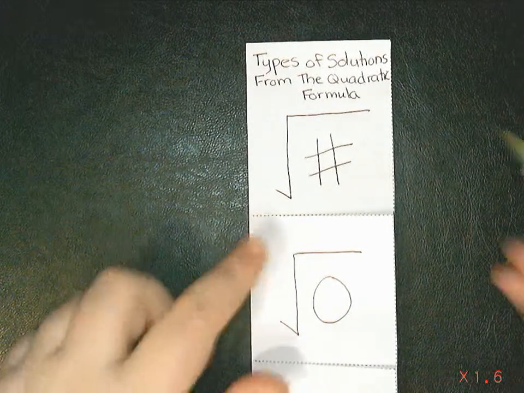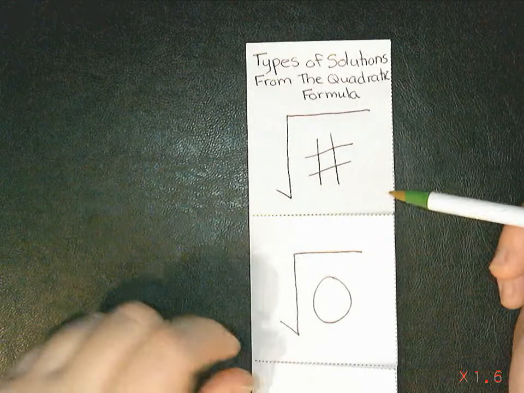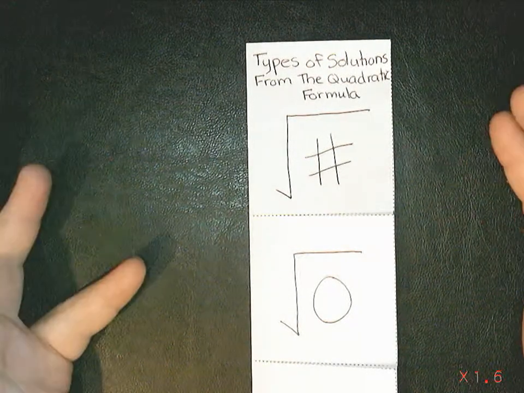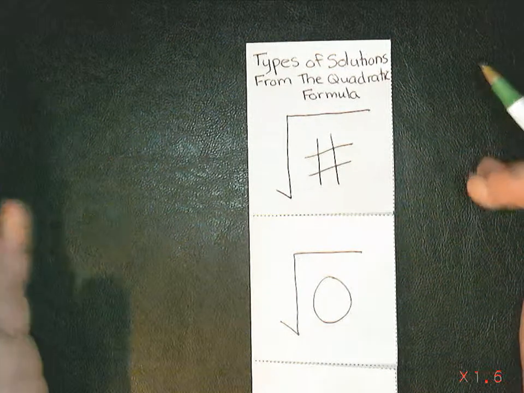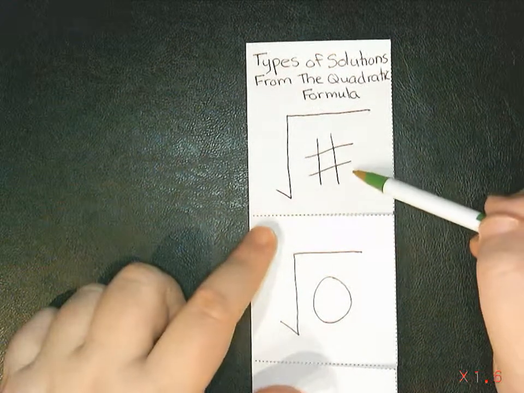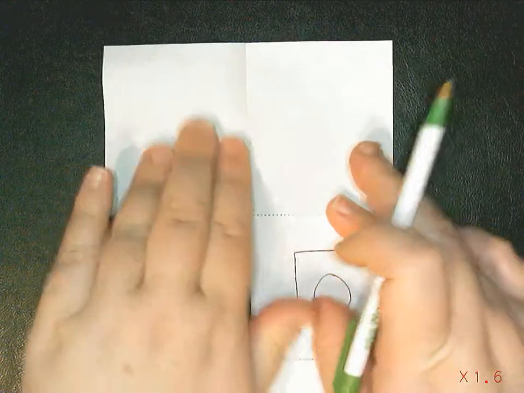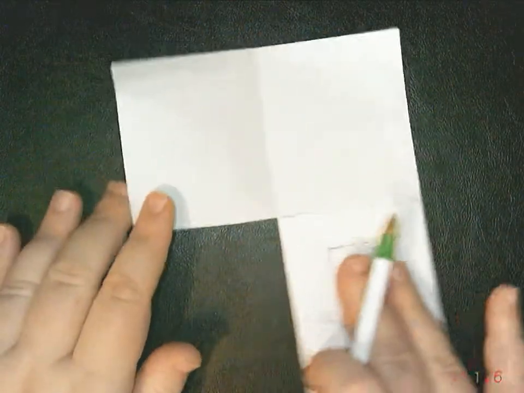When we're using the quadratic formula, if we end up with a number underneath our square root, like 16, we're going to have plus or minus the square root of that number. So it actually means that we end up with two different answers. That's going to give me two solutions.